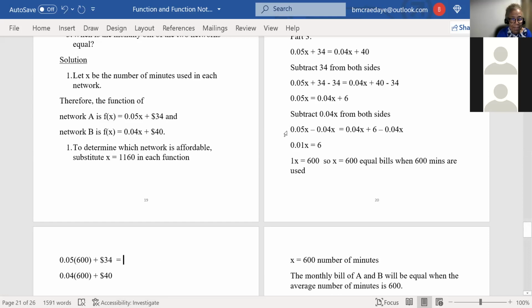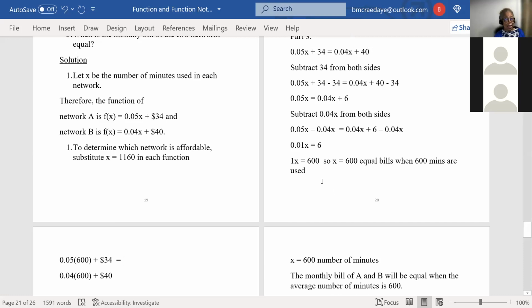So we set the function for network A equal to the function for network B, then we can solve for X, and we got X at 600. So when 600 minutes are used, the bill should be equal.